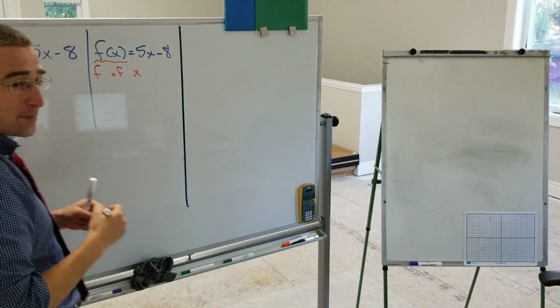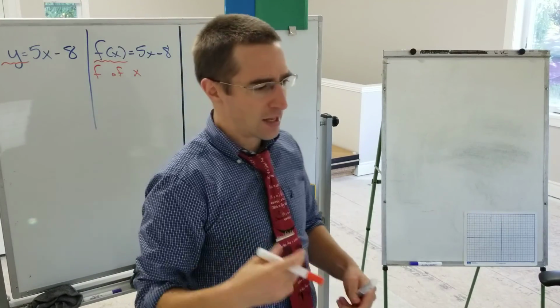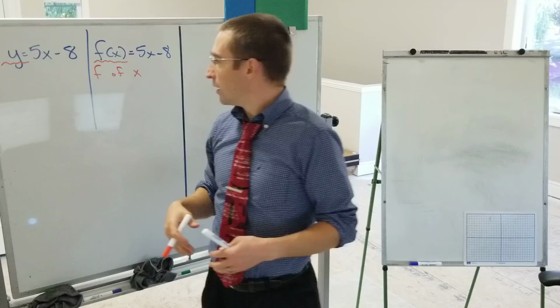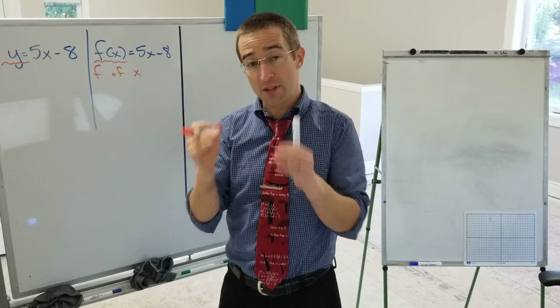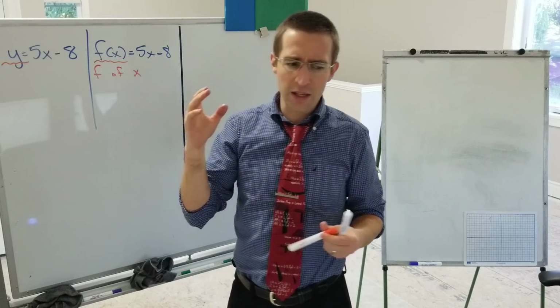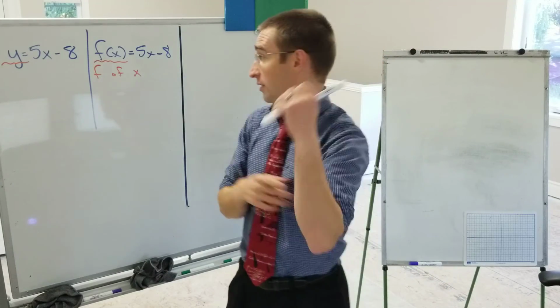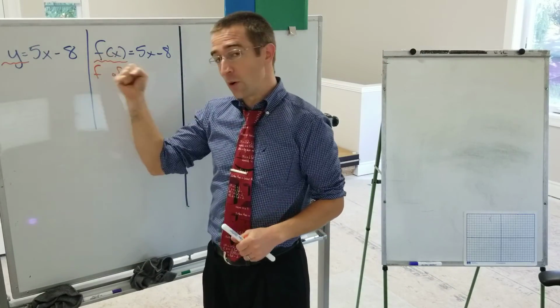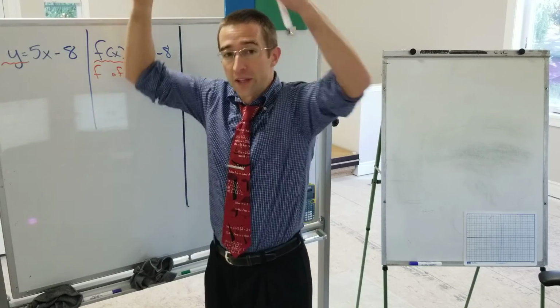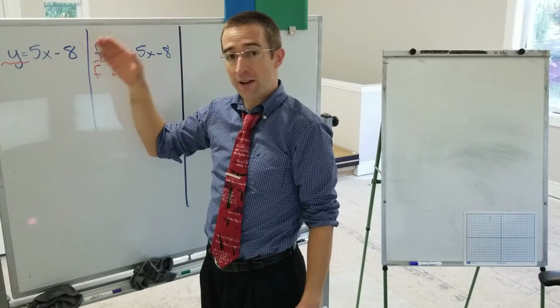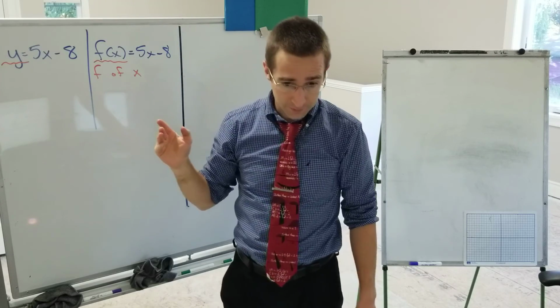It's not f times x. In this case, anytime you see a letter, usually like f, g, h, and then parenthesis x equals, or parenthesis other letter equals, it does not imply multiplication. It implies the function, with this letter denoting what function we're talking about, with an input of that. So function f with an input of x.